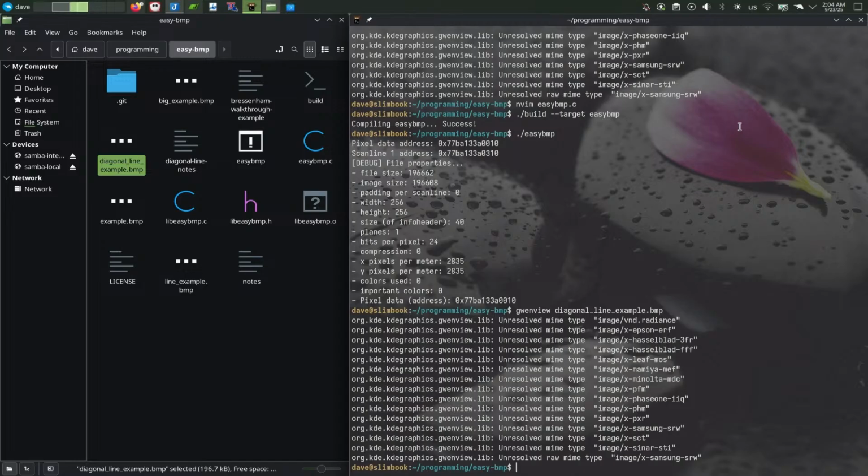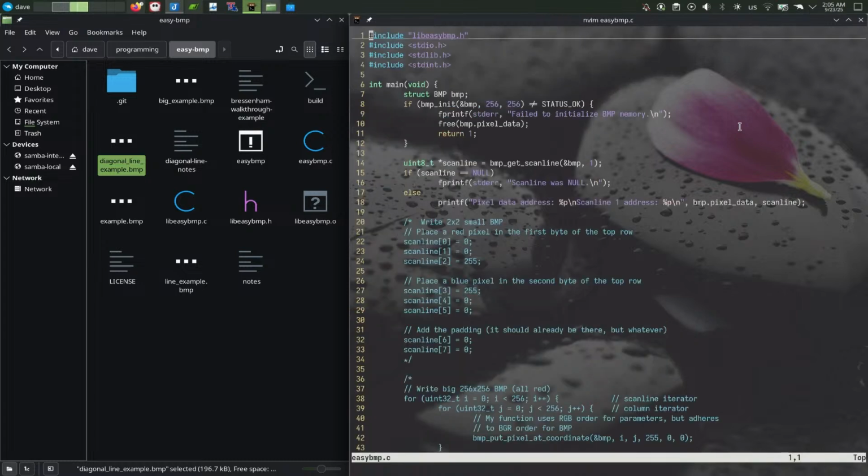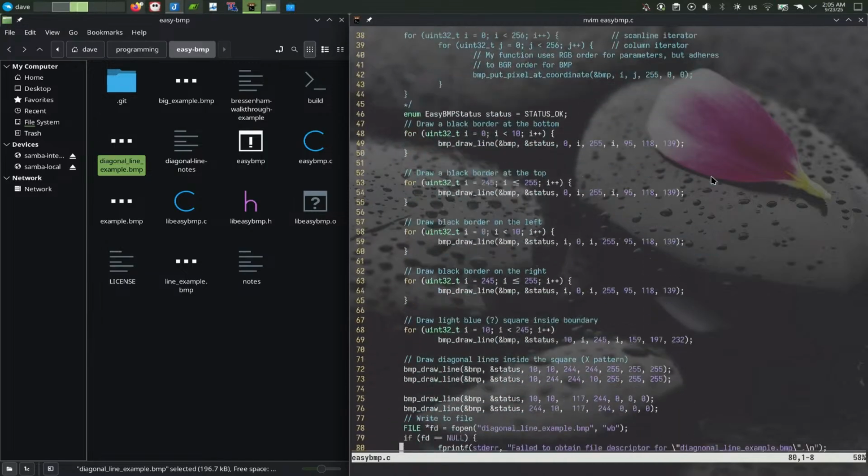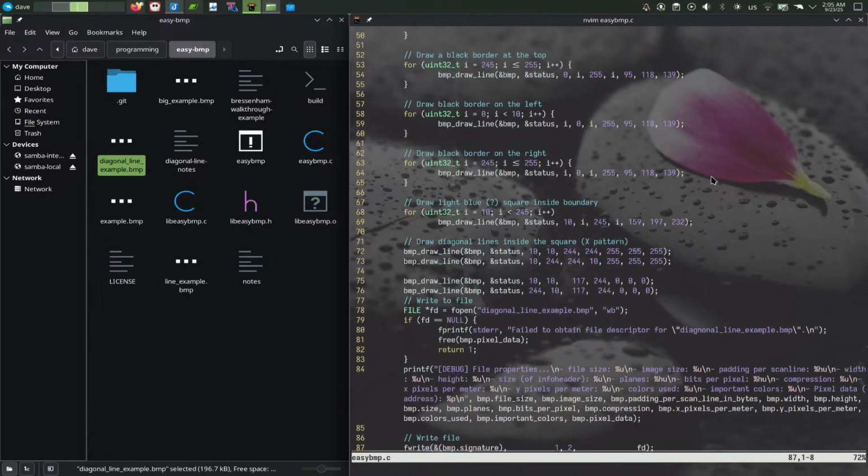So instead of writing in this EasyBMP file that I have, I think it'd be better if it could read a file that defines the picture, like YAML or something.